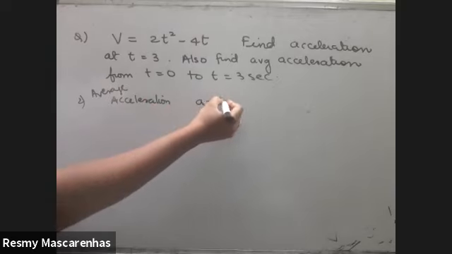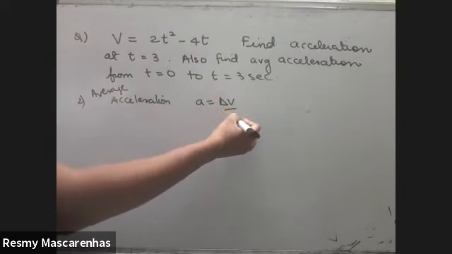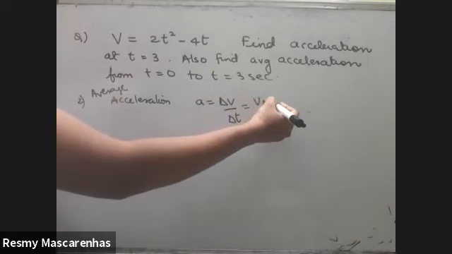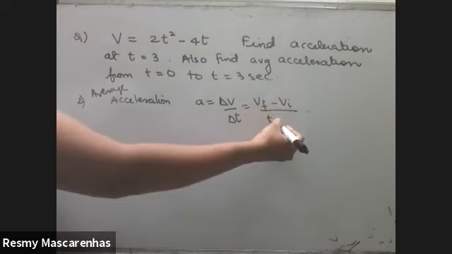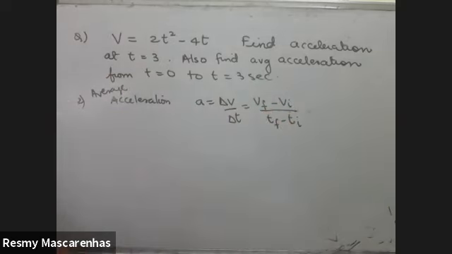So this is the formula: V final minus V initial upon T final minus T initial.